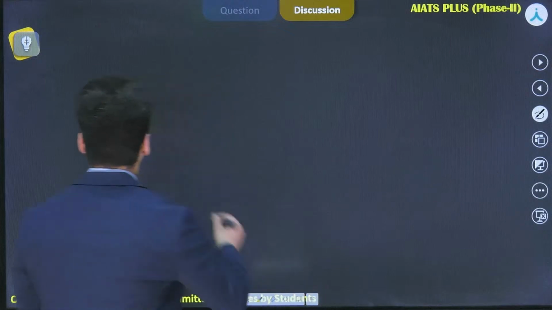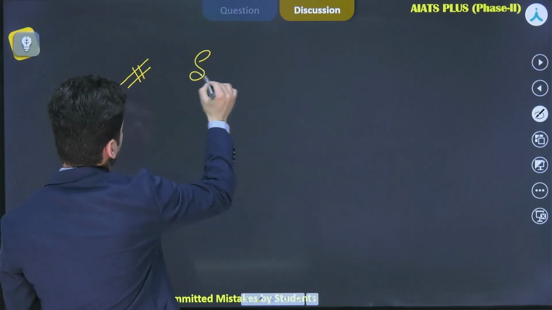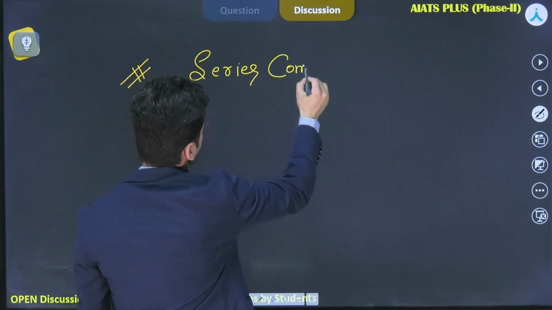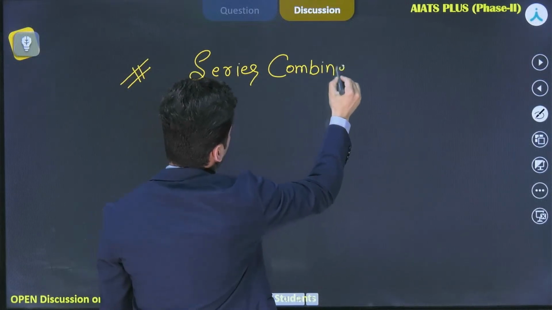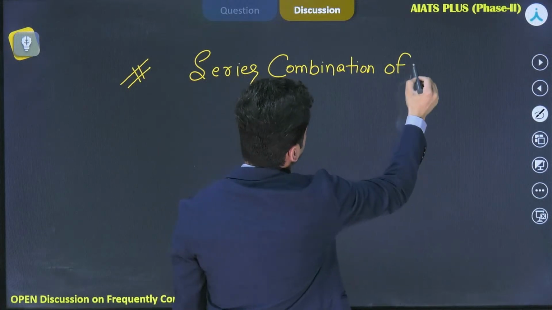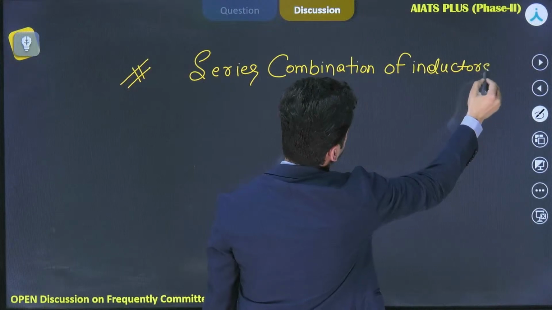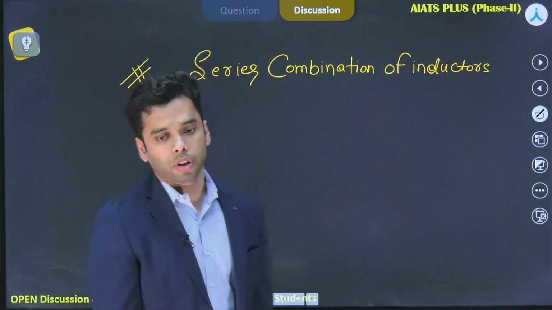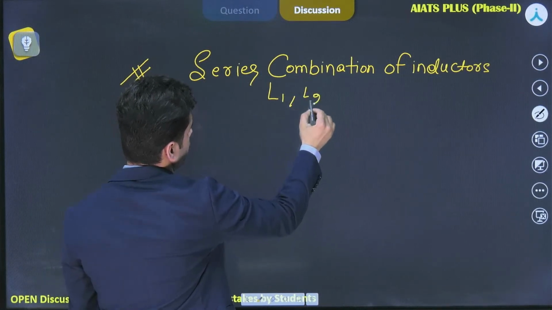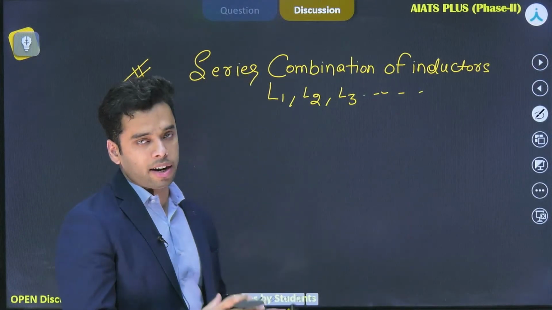So dear students, how to deal with inductors? When the inductors are connected in series, for the series combination of inductors, suppose I have L1, L2, L3, n number of inductors, connected in series.